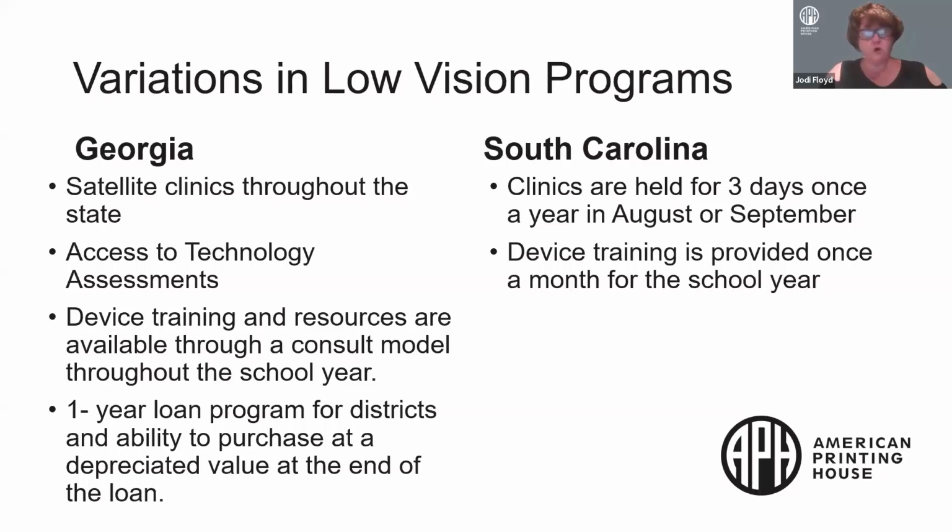So our selections are done in May, and we work May, June, July, and most of August, contacting parents, following up with parents, following up with TVIs, making sure that those students and parents understand that they have to be at this clinic in order to participate in the program.